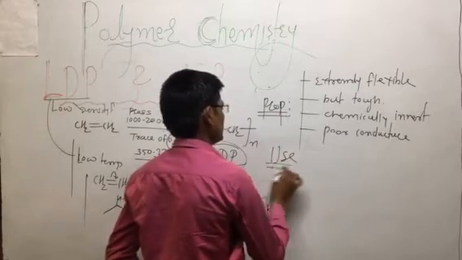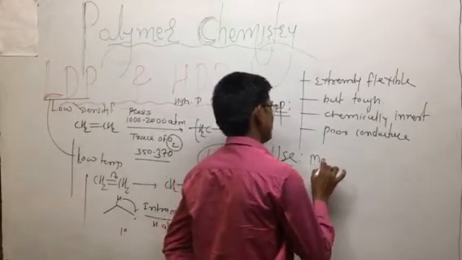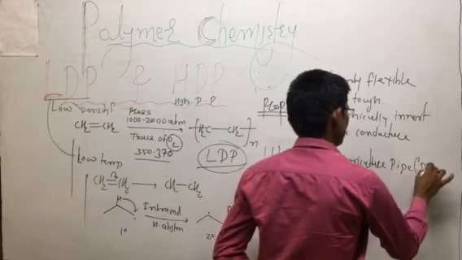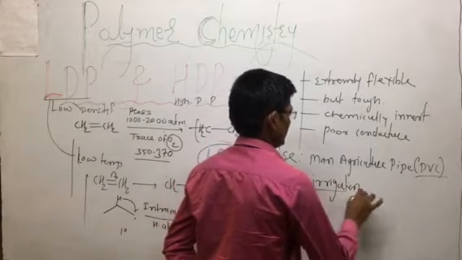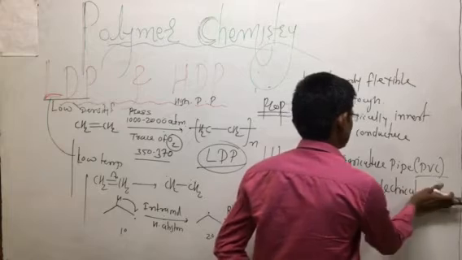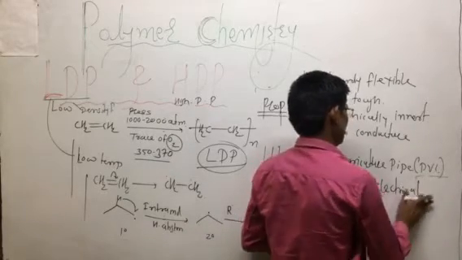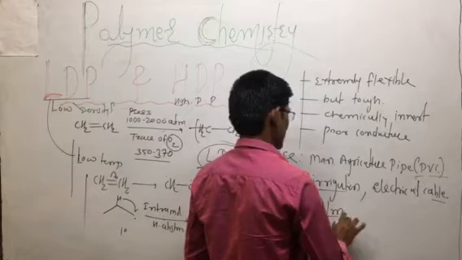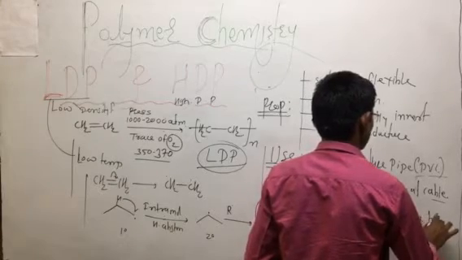So what are the uses of this low density polymer? It is used to manufacture agriculture pipe, irrigation pipe. It is also used for electrical cables, to make electrical cable insulation, and it is used for filament film, filament sheets, and household materials.